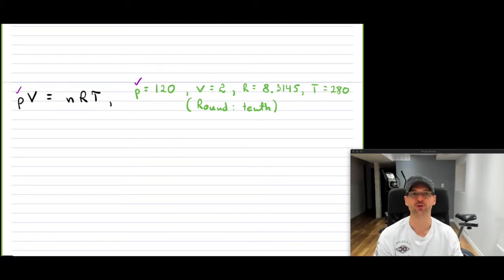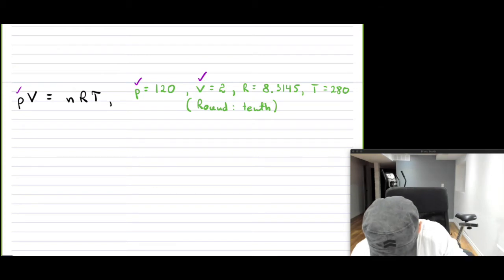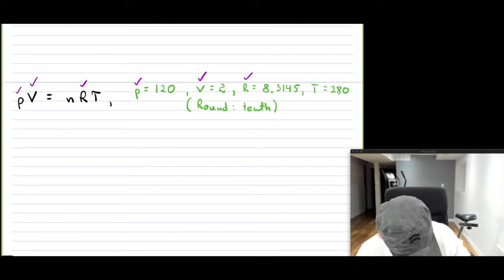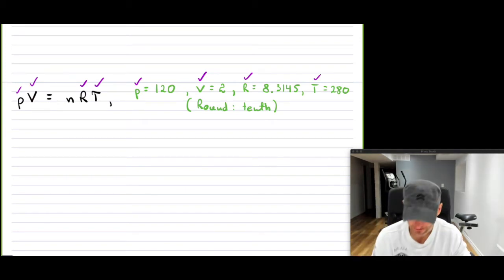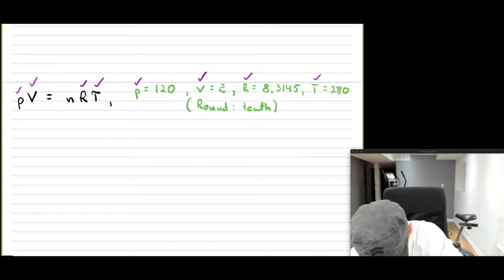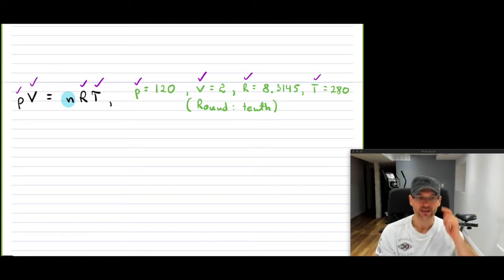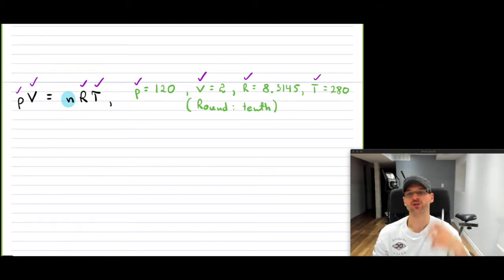This is just purely substitution into formulas. That's my P. This is my V. Here is my R. And here is my T. Notice the only thing that's missing is N. Now there are really two approaches when you're dealing with substitution.